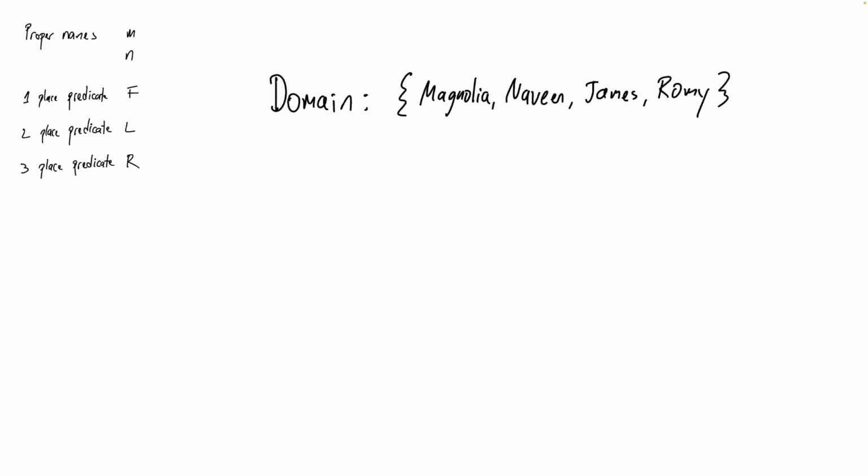Second, a valuation for a QL language assigns to each proper name of that QL language some object from the domain to serve as its reference. So for example, if a QL language has the proper names M and N, then a valuation for that language would assign to M some object in the domain to serve as its reference, and it would assign to N some object in the domain to serve as its reference.